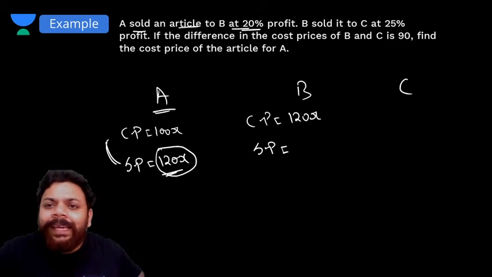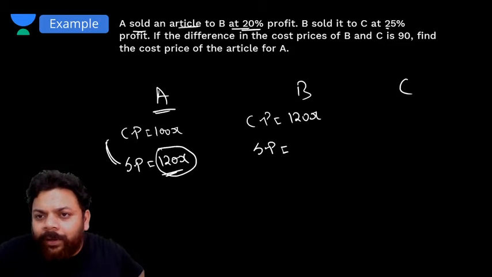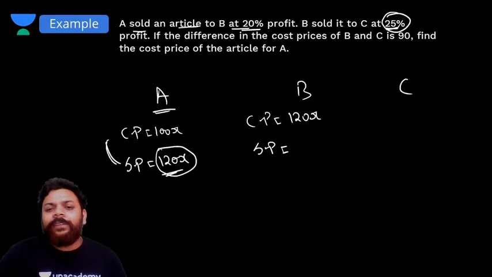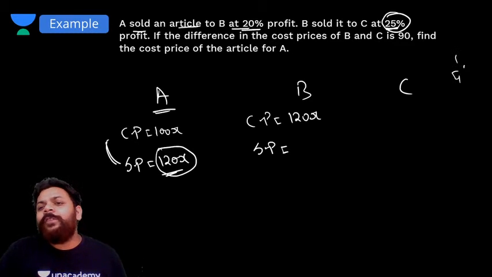Since B is making a profit of 20% over here, 20% of this means 1/4 of 120. 1/4 of 120 is going to be 30.